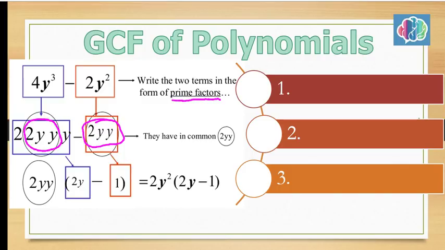So our greatest common factor is 2y times y. What's left over in each of these? We have a 2 and a y. And there's nothing left over in the second one, so that's an understood 1. So that's where these two terms come from. And the minus sign between comes down. So our greatest common factor was 2y squared, and what was left over in our polynomial after we factored out the greatest common factor was 2y minus 1.